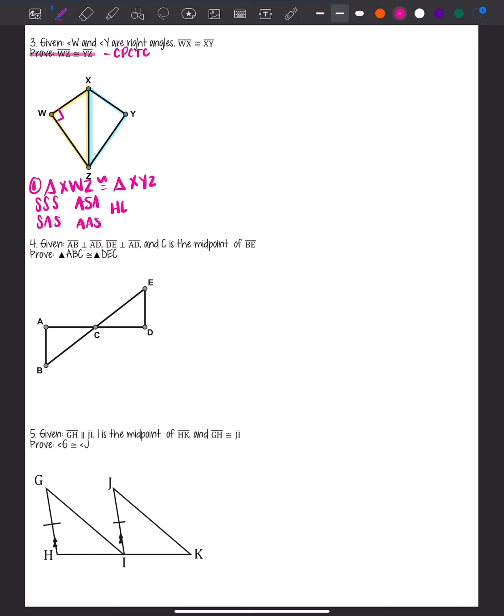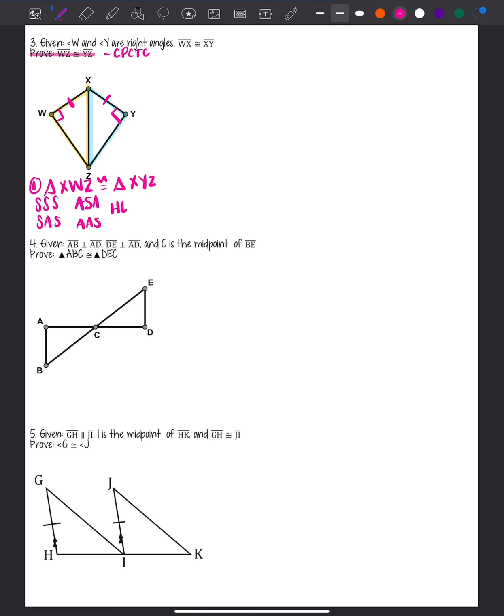I'm just going to write a little box here and a little box here. And I'm also told that WX is congruent to XY. So I'm going to make a tick here and a tick here. And I've exhausted my givens. There's nothing else for me to mark, and I don't have enough to prove the triangles are congruent.